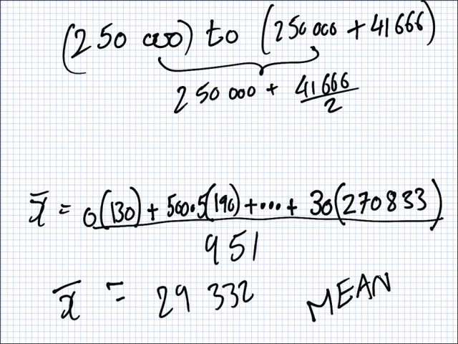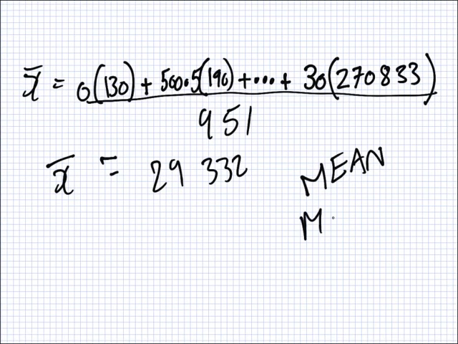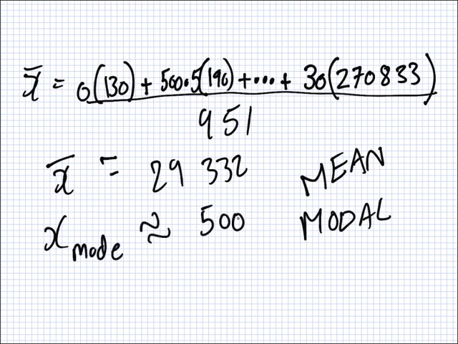So roughly the modal average, I'll just write X mod like this, is roughly 5,000. Yes?